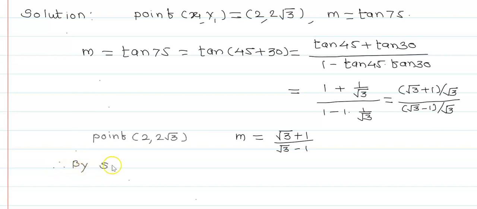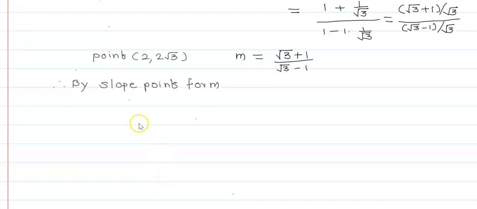By slope point form, y minus y1 is equal to m in bracket x minus x1.